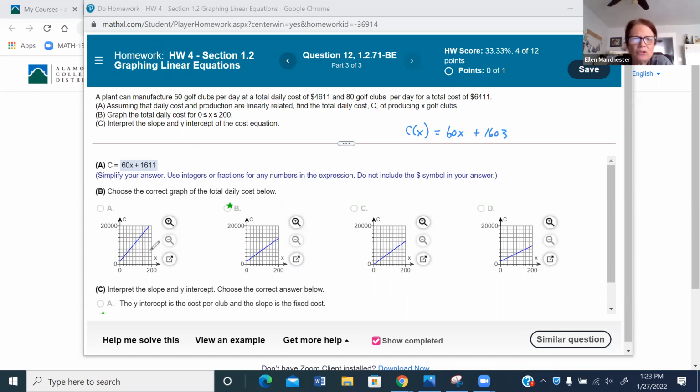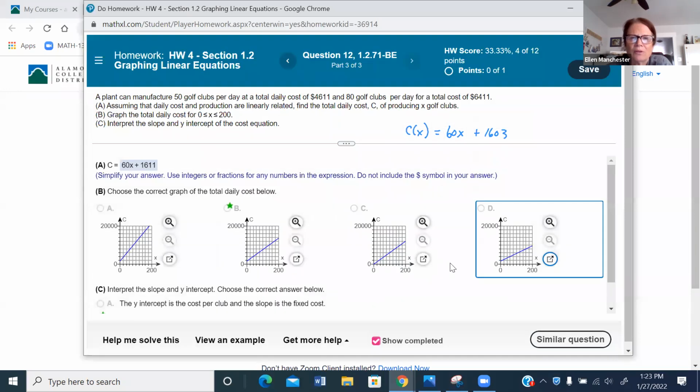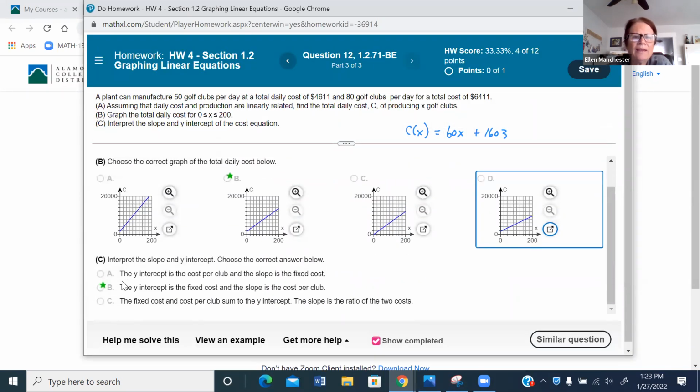Then what you would do is look at each of these graphs. You can enlarge them. Just click this bottom one and you can enlarge it, and you can see this is between 0 and 200, and this is between 0 and 20,000. So you can see which graph is going to make the most sense. And then interpreting your answer, just remember the slope is how things change, and the y-intercept is the fixed cost.